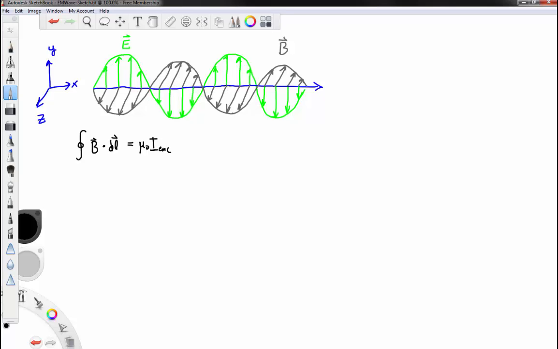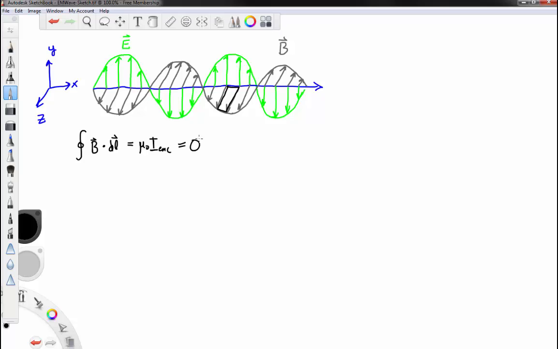So our closed loop basically ends up being something like this. So here's our closed loop, and there's not really any enclosed current, so that's kind of anticlimactic. Basically you end up with just zero, and that's what happens if you stop with only Ampere's equation.